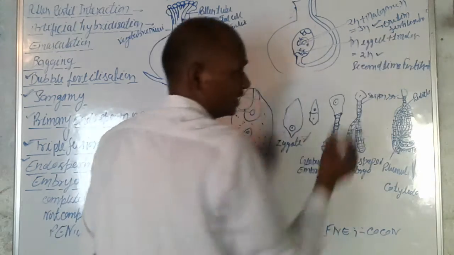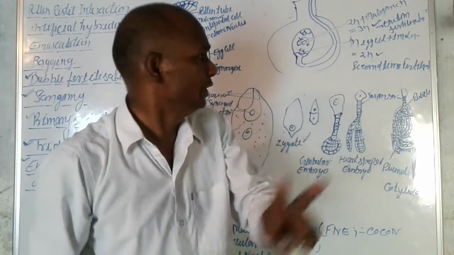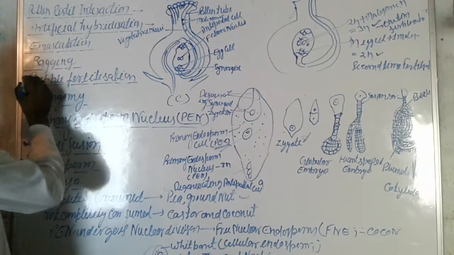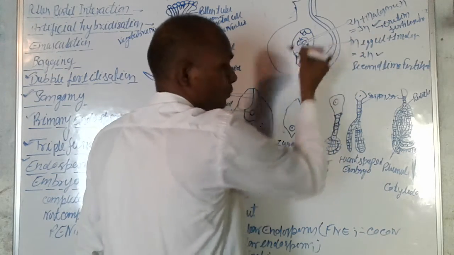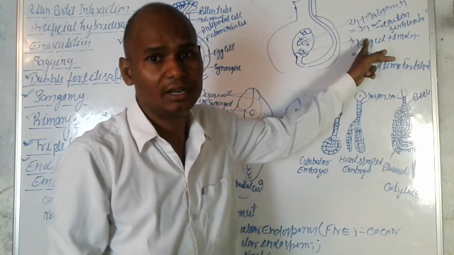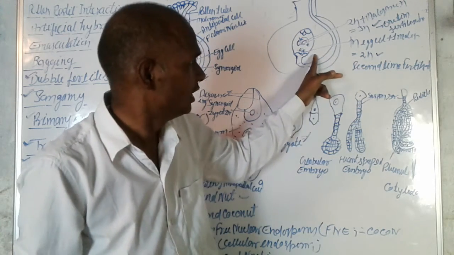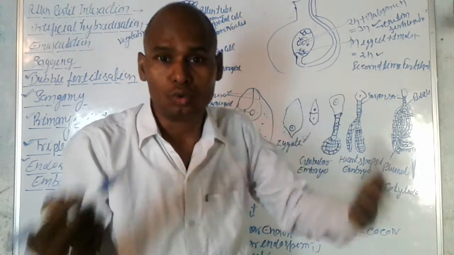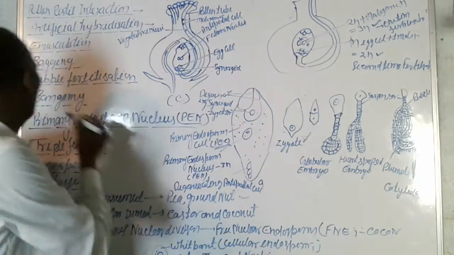So first time and second time means 2 fertilizations in this process. So this is double fertilization, because one male gamete fuses with the polar nuclei and makes 3n, and one male gamete fuses with the egg cell and produces 2n. So there are 2 fertilizations. This is double fertilization.